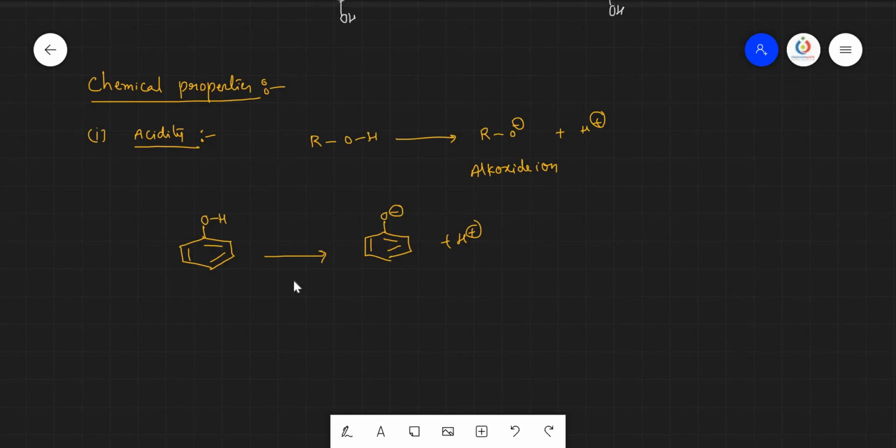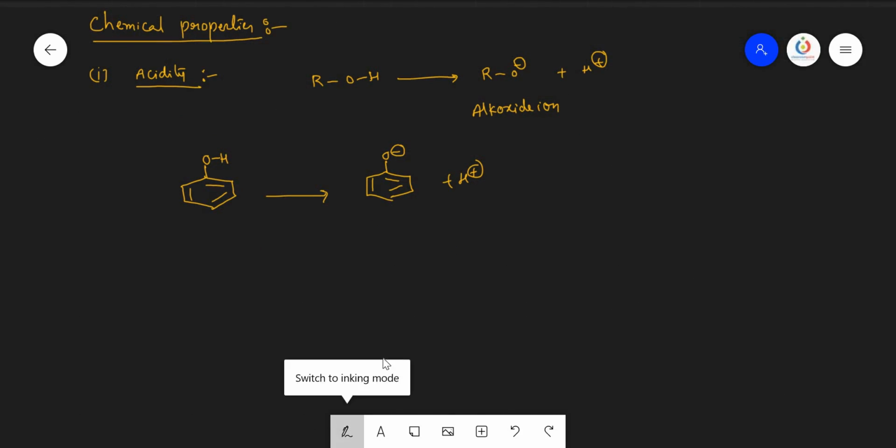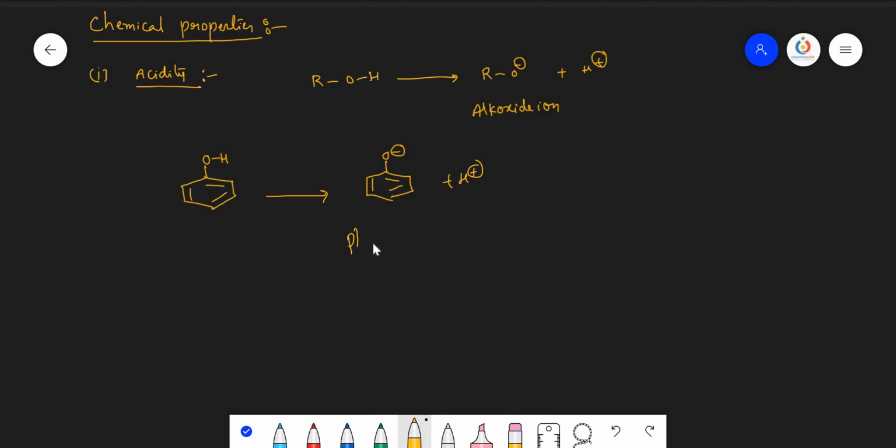Okay. Now here, if you see, this is the phenoxide ion. Okay. Phenoxide ion, the negative charge in the phenoxide ion can easily undergo delocalization. So delocalization is possible, so that it is stable by resonance. And here such type of resonance is not possible.